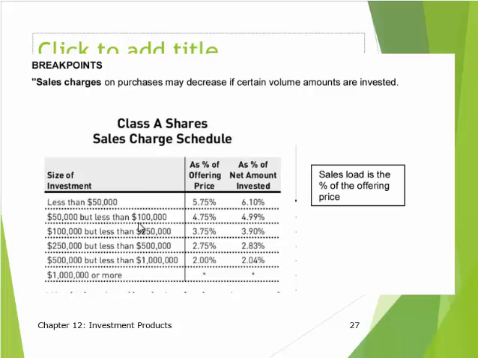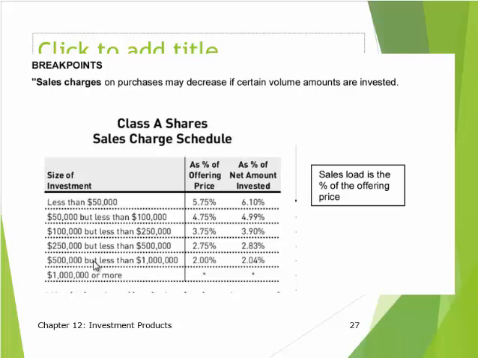However, essentially this is a volume price schedule, if you will. So the more you buy, the more you own, the less it costs to buy. So let's say you had $30,000 to invest, all $30,000 would cost you 5.75% to purchase.